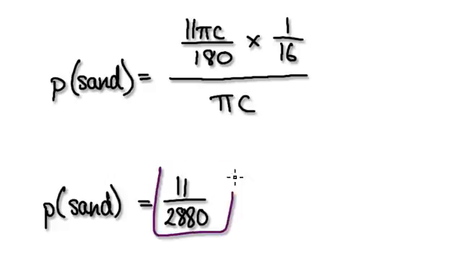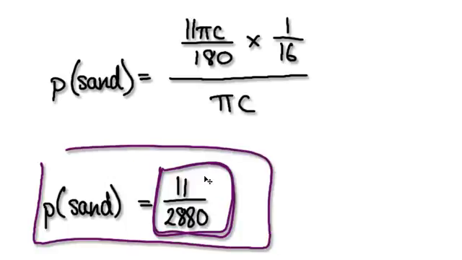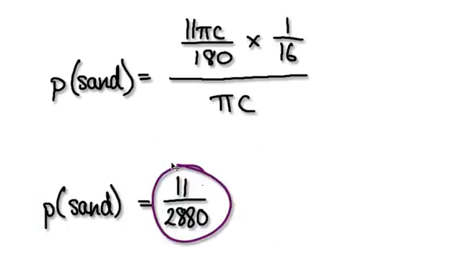So this is the probability of us hitting in the sand, given that our skill level is such that the probability of us hitting the green is a half. If the probability of us hitting the green is a half, then the probability of us hitting in the sand is given by this.